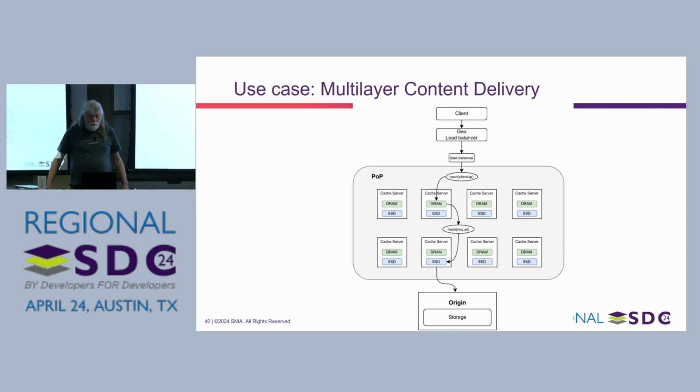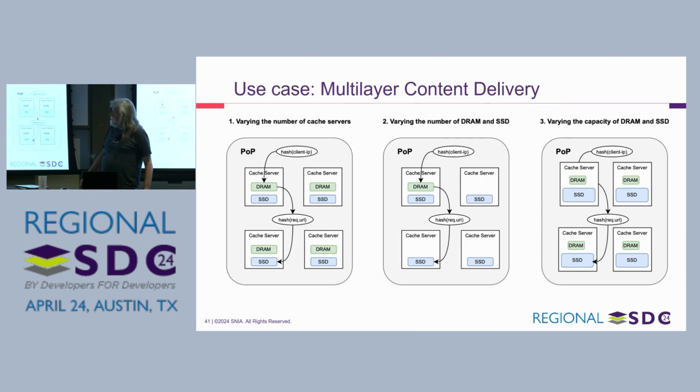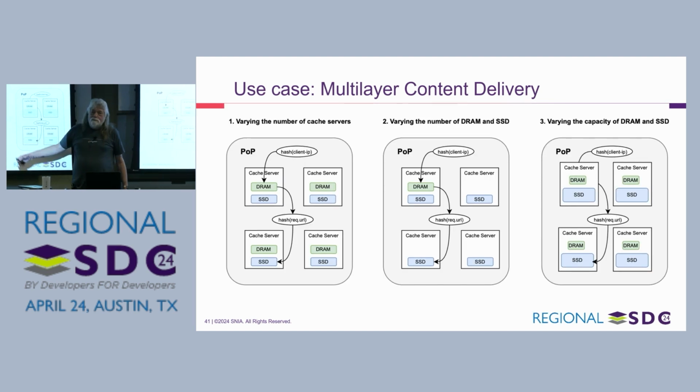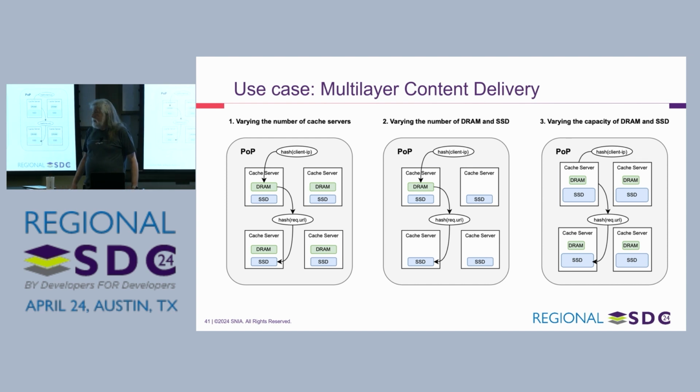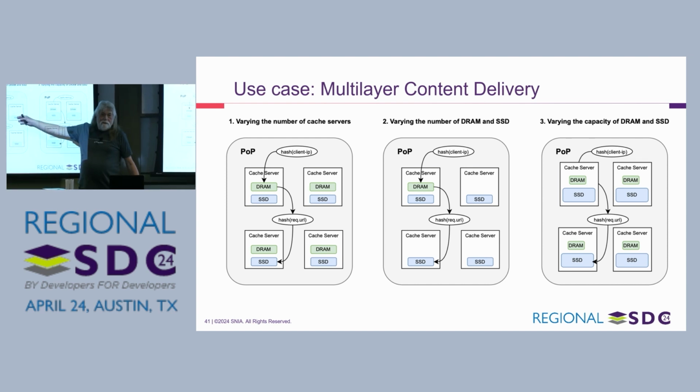This is the most recent experiment that we worked on. It was done as a research experiment in conjunction with a handful of content delivery providers that are out there. And we tried doing various different things like varying the number of servers, or getting rid of the number of servers that had DRAM as the cache and only had some that had SSD in them, or varying the size of the SSD and DRAM.